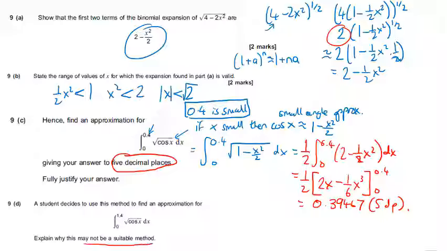Why this may not be a suitable method: 1.4 is not small anymore. That's not a small angle. Okay, so the approximation is not suitable anymore.